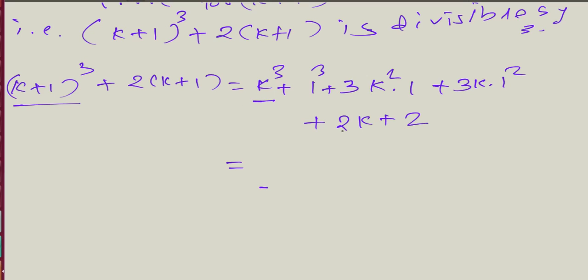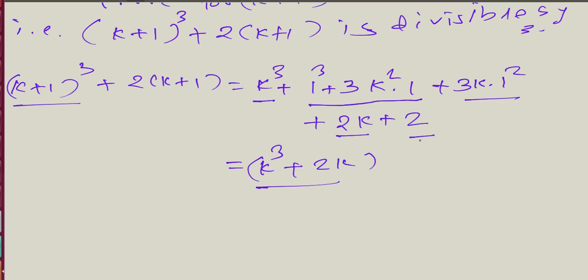I'll write this and this together. So this will be k cube plus 2k, right? And then the remaining terms, this and this, right? So 1 plus 2 is 3, 3k square and 3k. So 3k square plus 3k plus 3. These are the remaining terms.